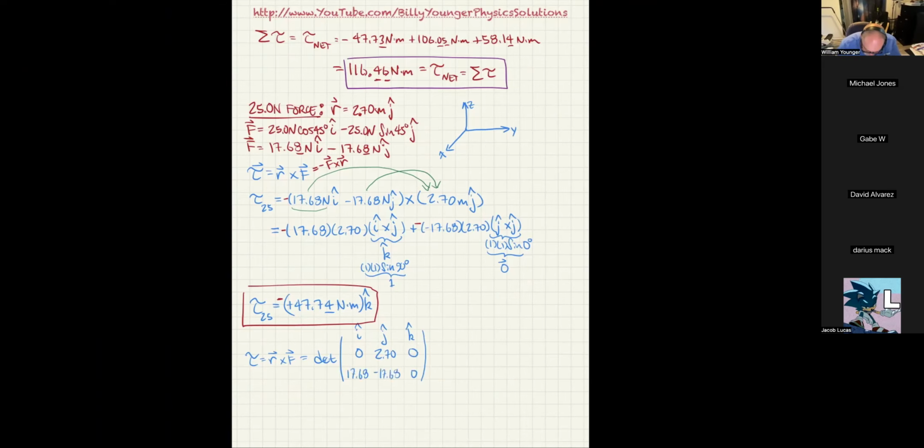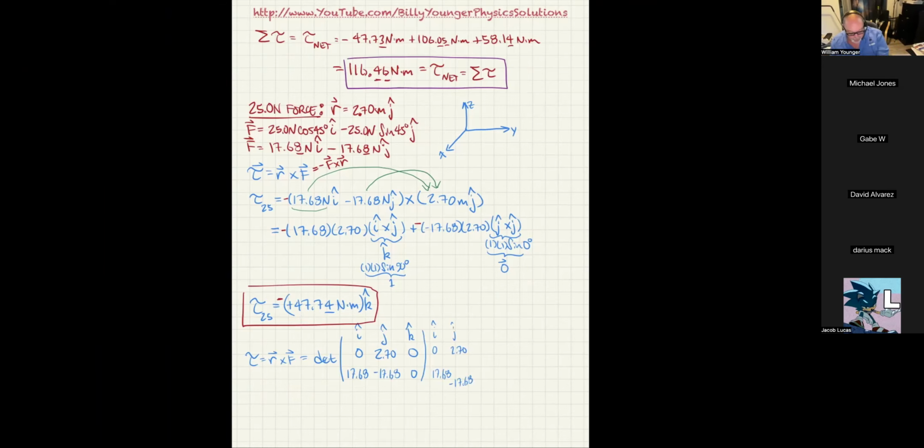And then we could copy it again if you would like that last method I showed you. That would be a 0, 17.68, and then a J would be a 2.70 and a negative 17.68. I just had to get enough room, so I wrote it that way.